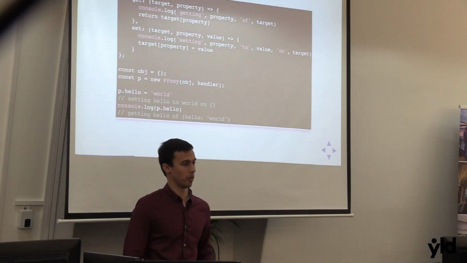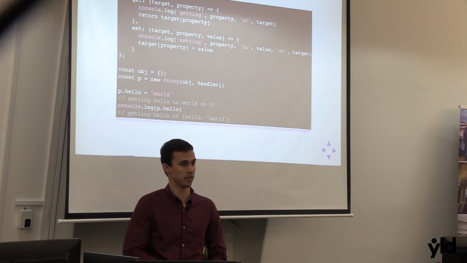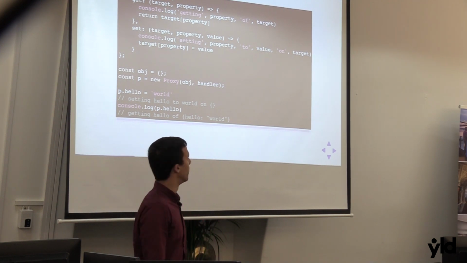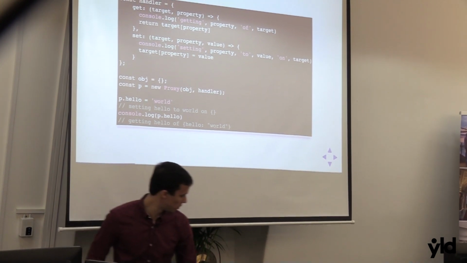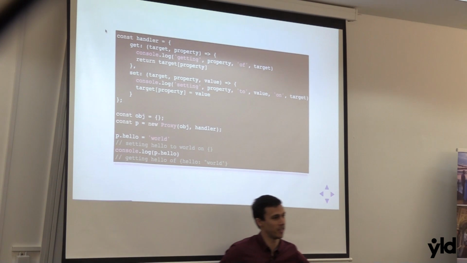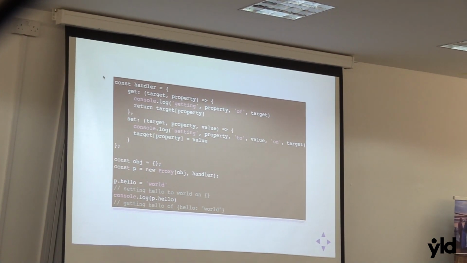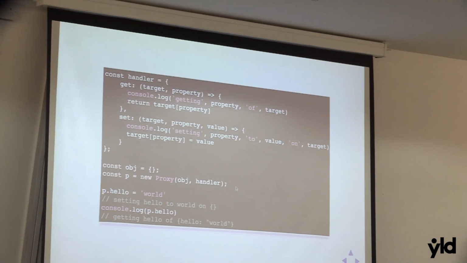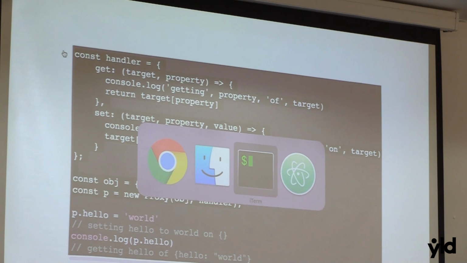So here's an example of what an ES2015 proxy looks like. This is like a getter and setter. Before we dive into it, let's have a look at what that code actually does. Let's grab this, and I'll explain the whole thing later.